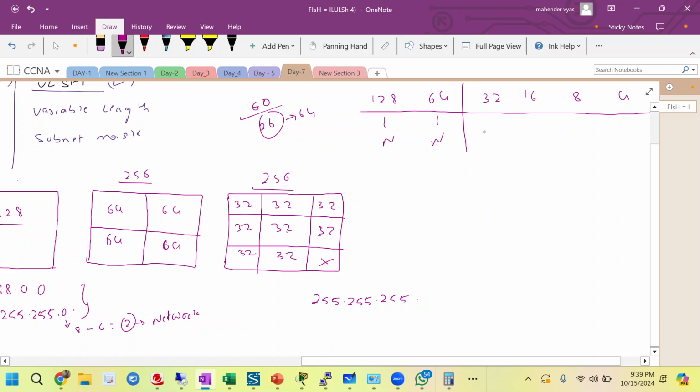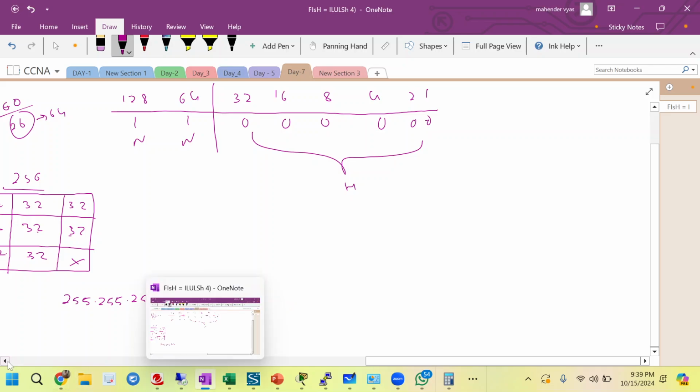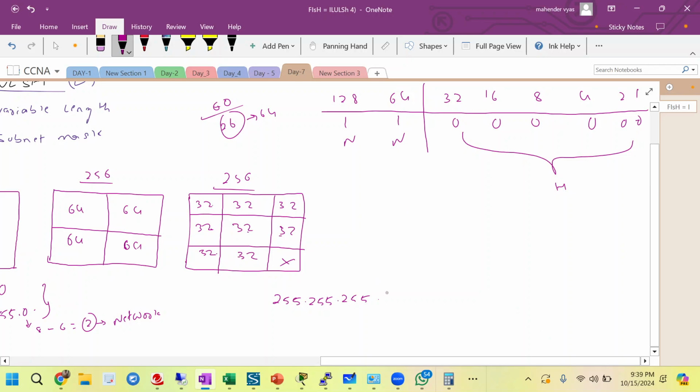Now this is network, this is network, and these are all 0, 0, 0, these are all host bits now, right? So 128 plus 64, what would it be? 192. Okay, this is 192, my new subnet mask.